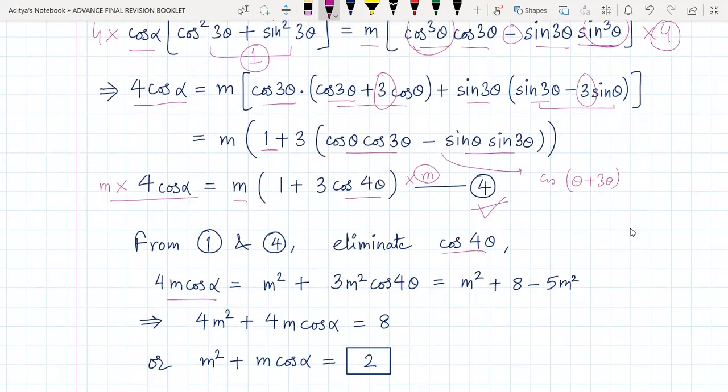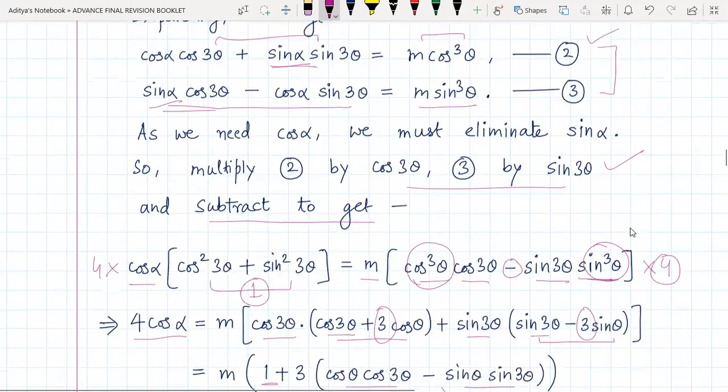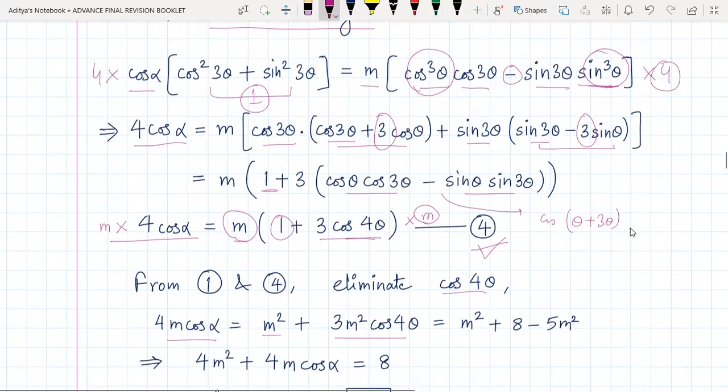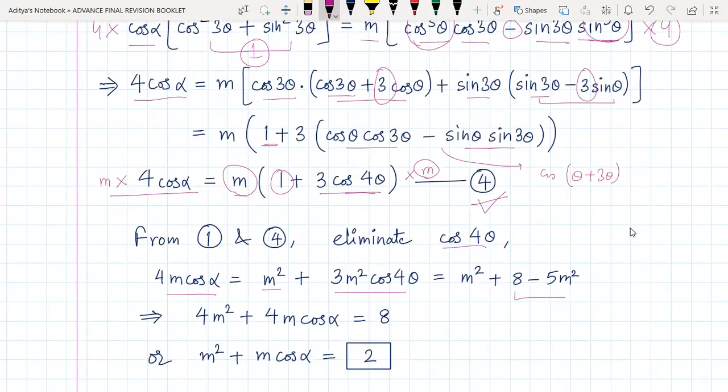Now m square when multiplied by 1 gives us m square, and we get m square into 3 cos 4 theta. So that is obviously 3m square cos 4 theta. Now the value of 3m square cos 4 theta we substitute from equation number 1. What is 3m square cos 4 theta? It is equal to 8 minus 5m square. So that's what we have written here.